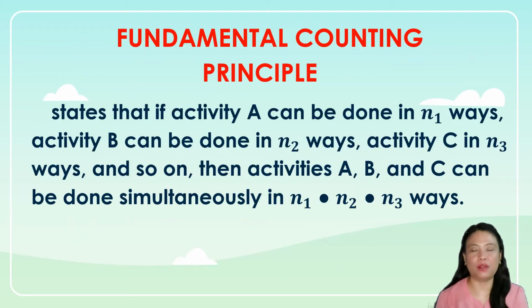Fundamental counting principle states that if activity A can be done in n sub 1 ways, activity B can be done in n sub 2 ways, activity C in n sub 3 ways, and so on, then activities A, B, and C can be done simultaneously in n sub 1 times n sub 2 times n sub 3 ways.